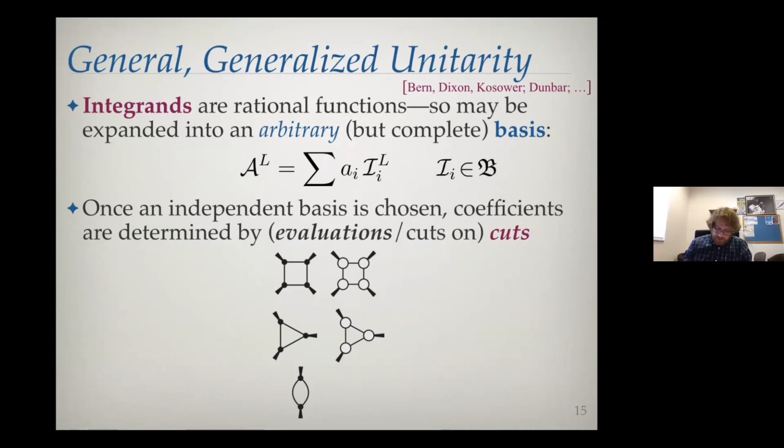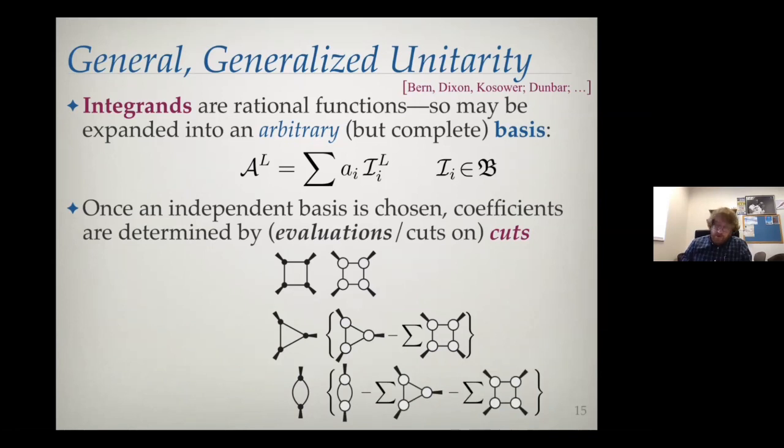This picture here represents the right answer in field theory. And the coefficient of this integral in your basis is not the right answer in field theory. It's the right answer in field theory minus all the pollution that comes from the boxes in your basis. And similarly for the bubbles, it's the right answer in field theory minus all the coefficients of the triangles minus all the things that come from the boxes.